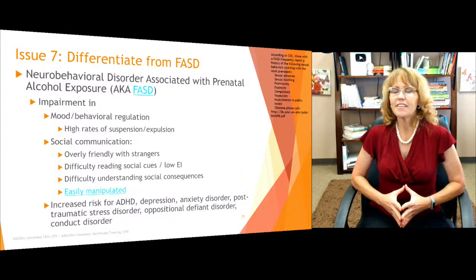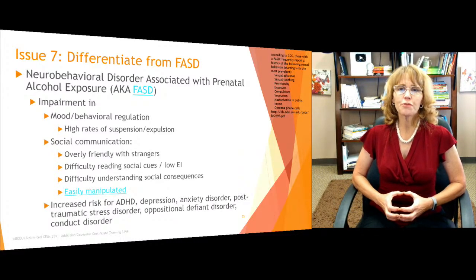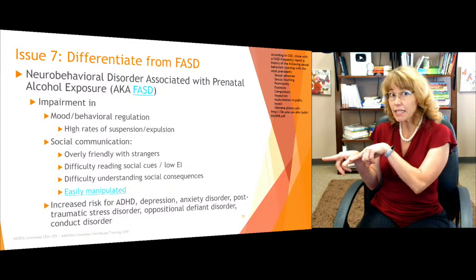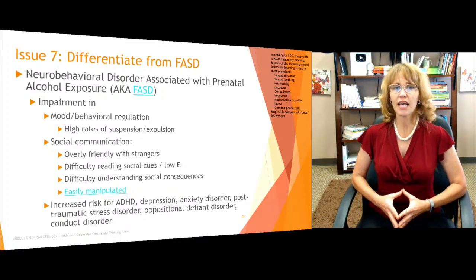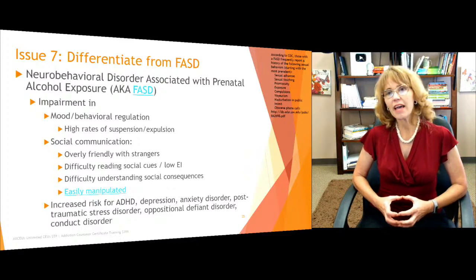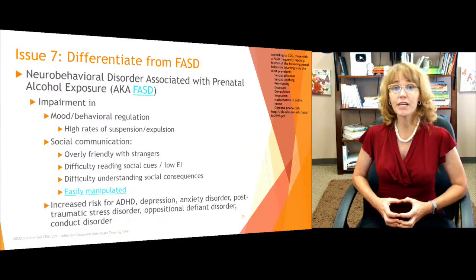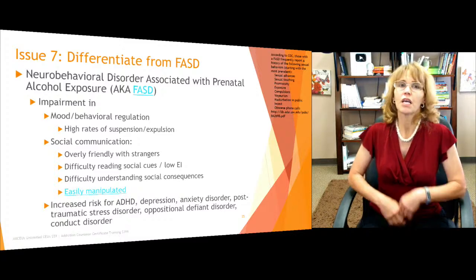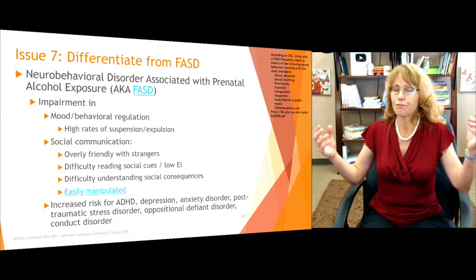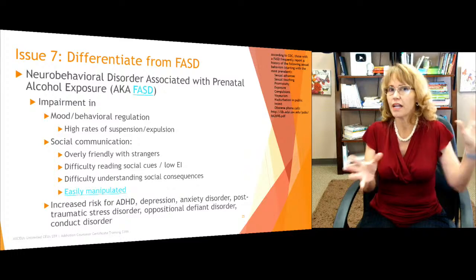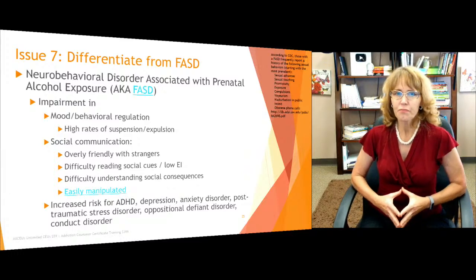And finally, differentiate from fetal alcohol spectrum disorders, which in the DSM-5 TR is still back in conditions for further study, and they call it neurobehavioral disorder associated with prenatal alcohol exposure. Everywhere else in PubMed and WHO and everywhere else, it's called FASD.